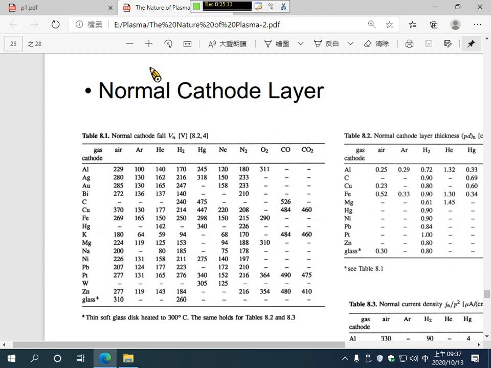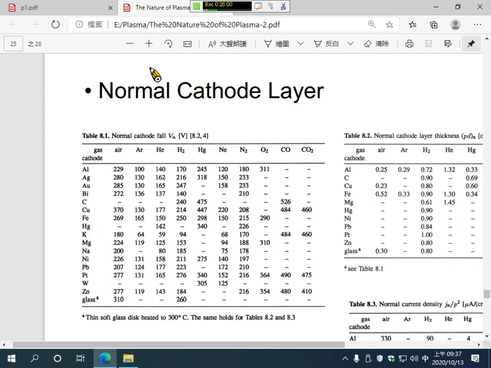Okay, this part is the K4. And also, if you use an alkali metal like potassium and sodium as the cathode material, you can get plasma easily because the gamma factor is larger.